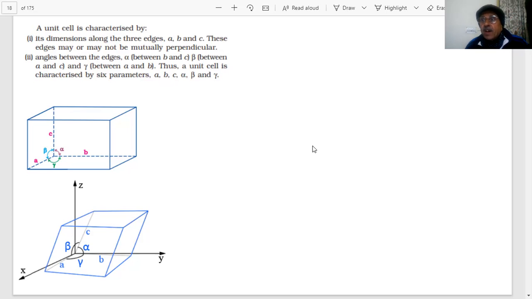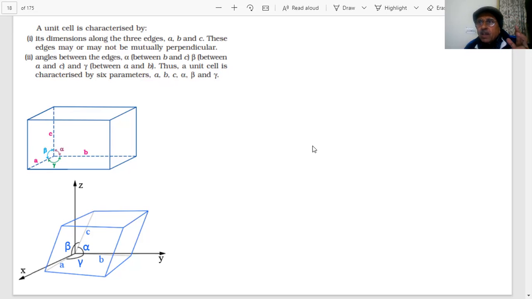For that, we must know the parameters, the characteristics of the unit cell, because there are three edges, students: a along the x-axis, b along the y-axis, and c along the z-axis, and three angles: alpha, beta, and gamma.